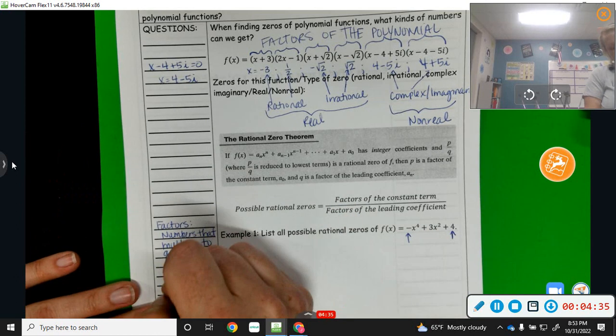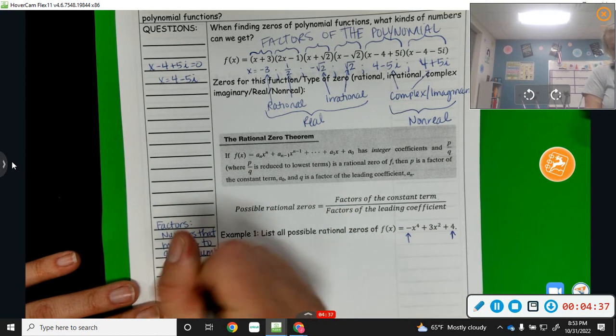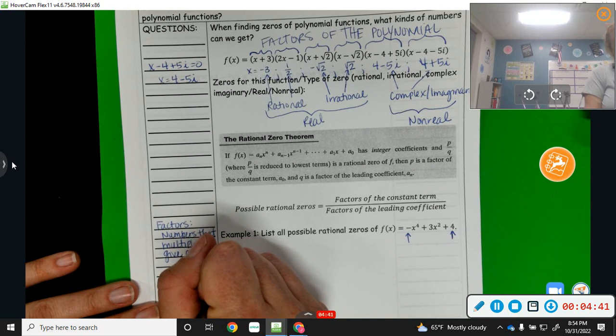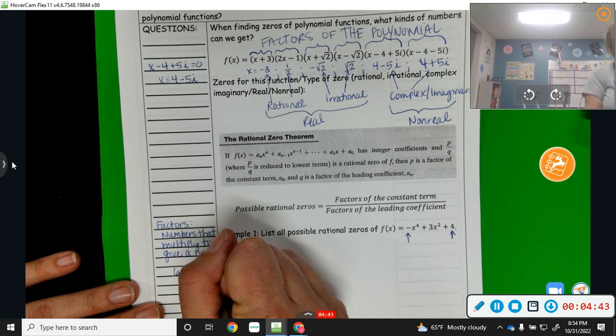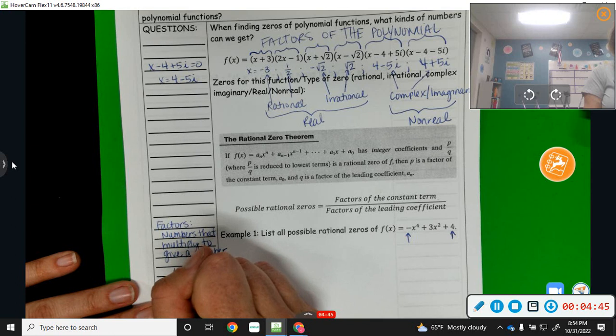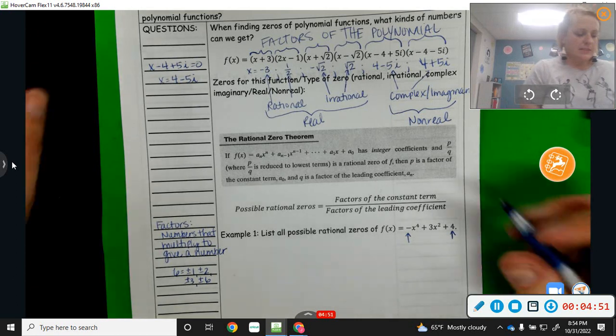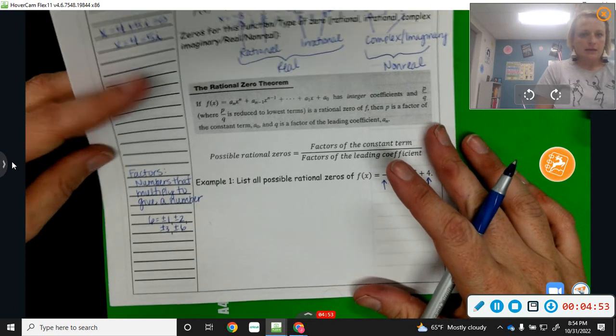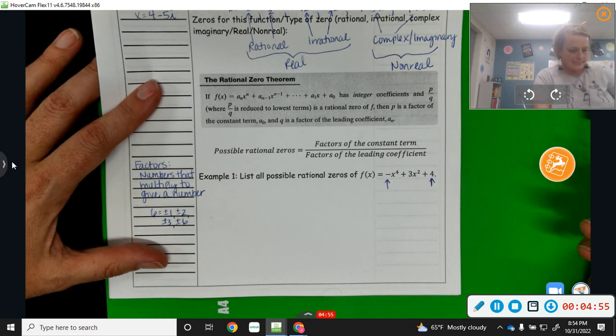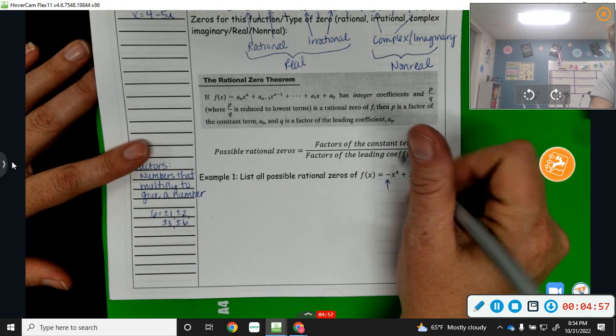So for instance, the factors of 6 are going to be positive and negative 1, positive and negative 2, positive and negative 3, and positive and negative 6. So I could pick any two out of that set and multiply to get that number 6.